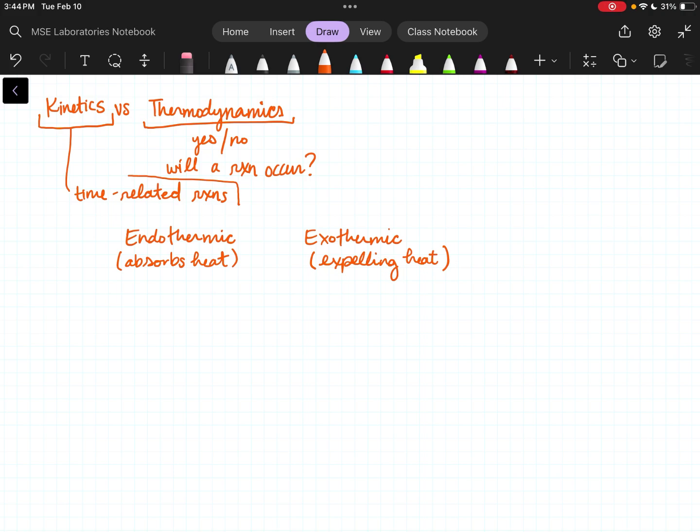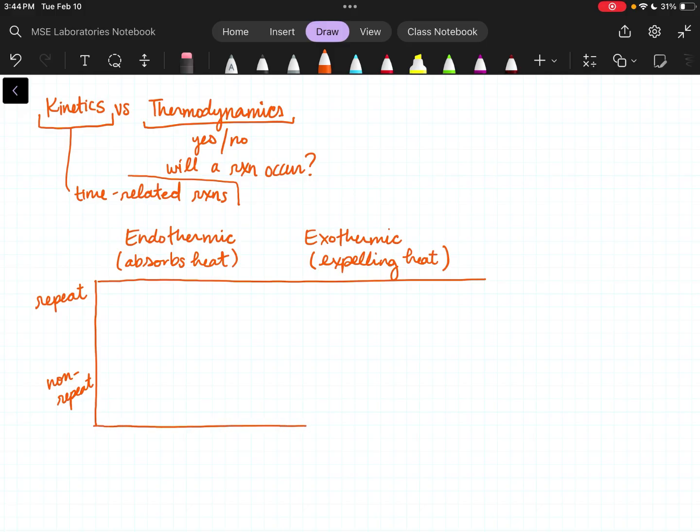Another way we can organize our reactions is repeatable versus non-repeatable. And I'm making a little 4x4 grid here, because repeatable and non-repeatable are not different than endothermic and exothermic.